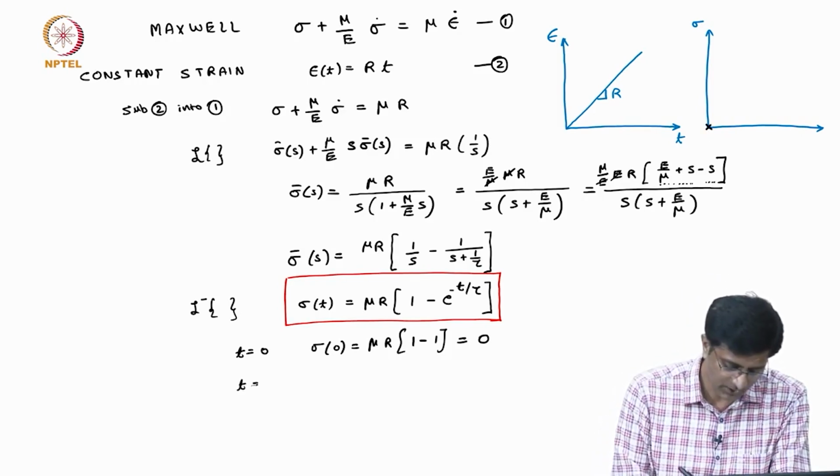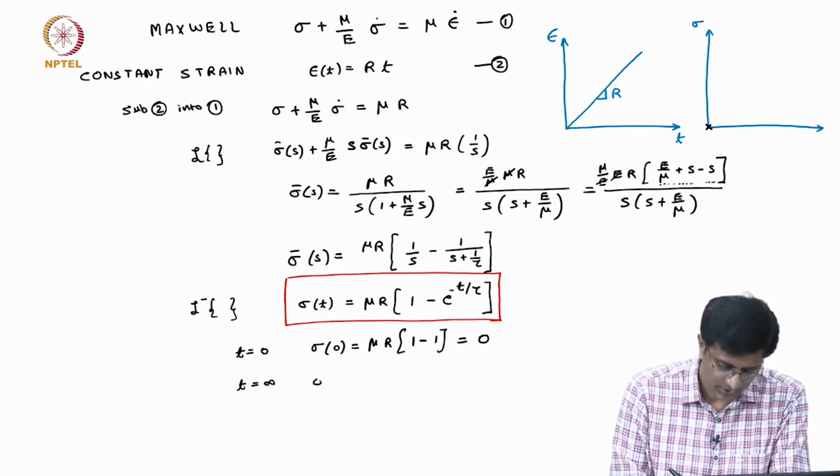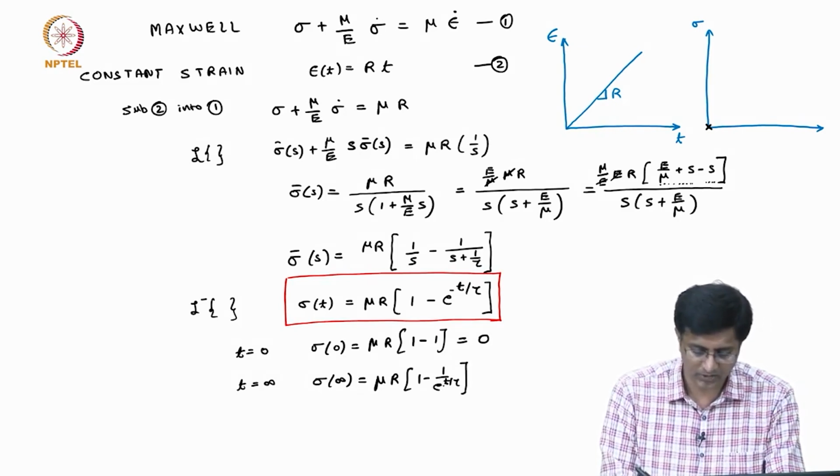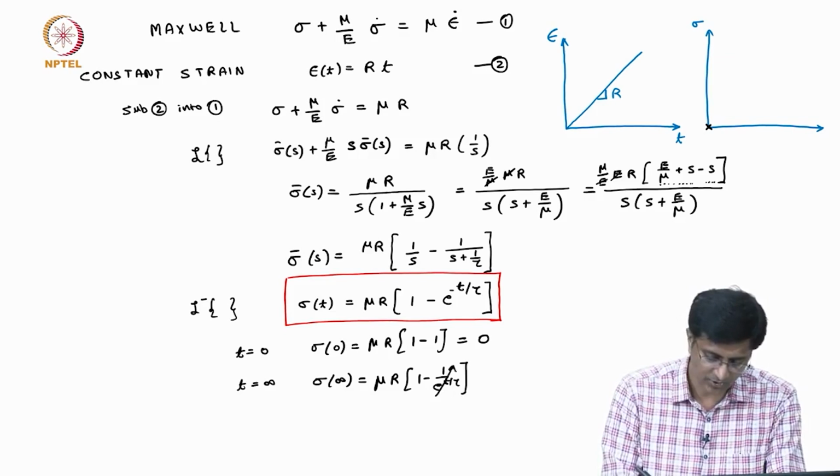But when time t approaches infinity, then we get mu r times 1 minus 1 by e power t by tau. Since the denominator here goes to infinity, this term approaches 0, and finally we get simply mu times r.